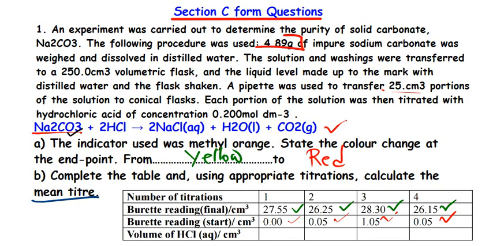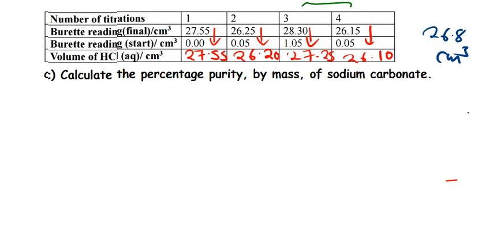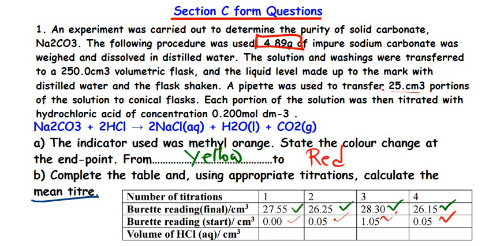For you to determine the percentage purity, you need to determine the mass of the pure one, since the one that takes part in the reaction is the pure part of it. Now we have to be smart about this. We've determined the amount of acid that was required by the 25 cubic centimeter portions of the solution that was formed from the 4.89 grams.